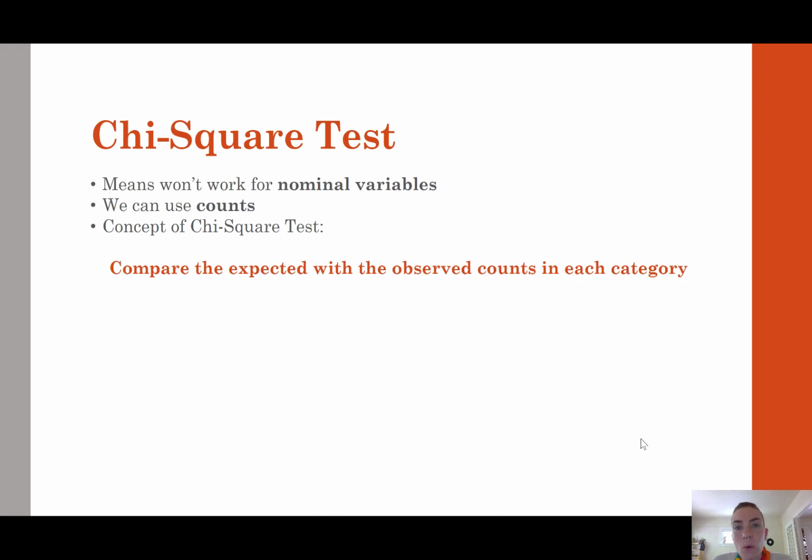So we have categories for both of our variables, and we're going to come up with what we would expect to see based on a null hypothesis. And then we're going to look at our data to see if what we actually saw is different from what we would expect to see under a null hypothesis.